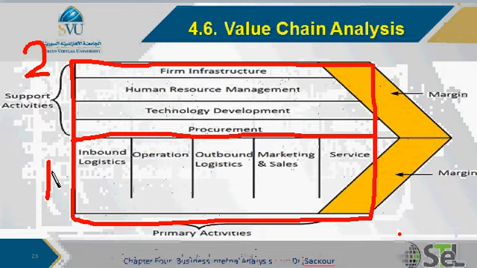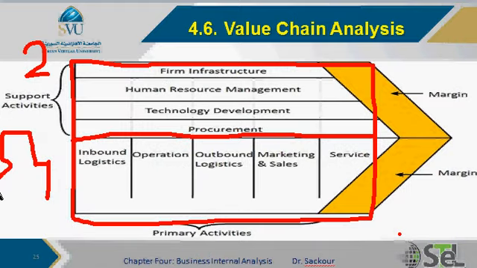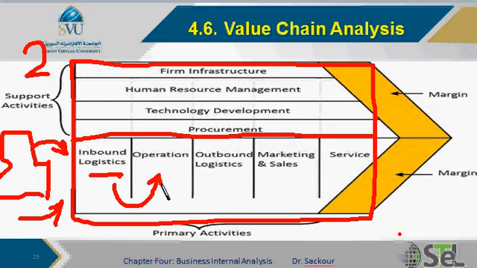We have a supply industry. On the first floor, the supplier provides you with the main input. This input and raw material is put into inbound logistics, in the warehouses in your business. This will go to operations.